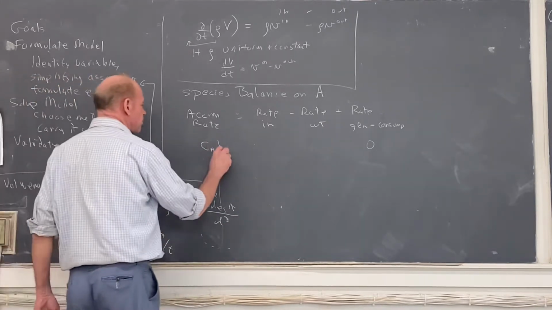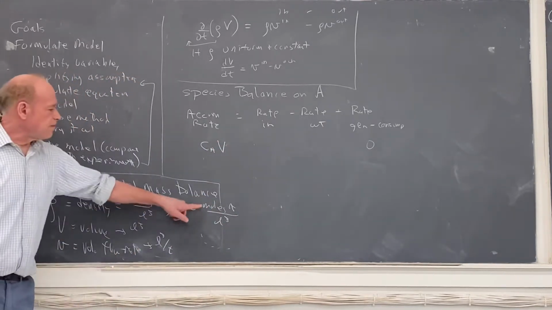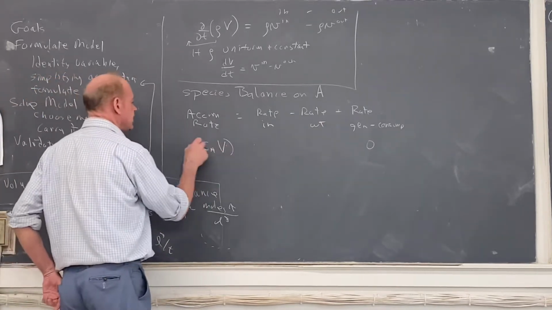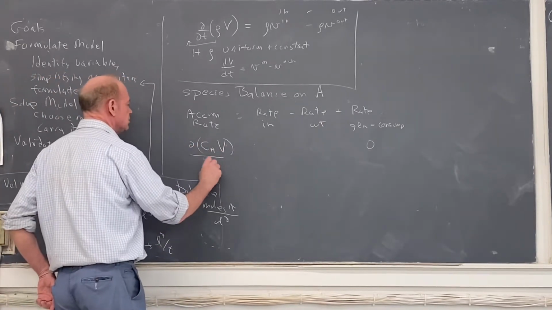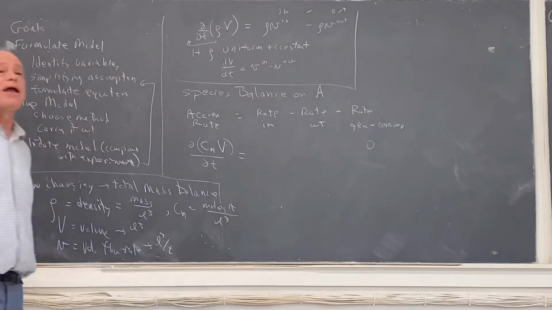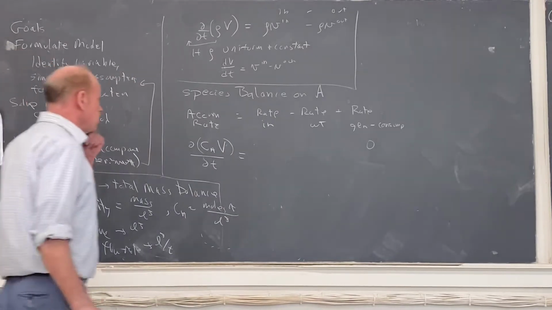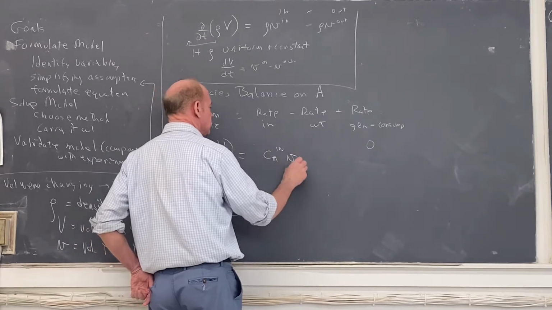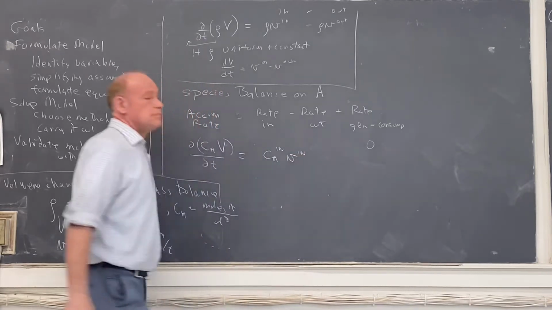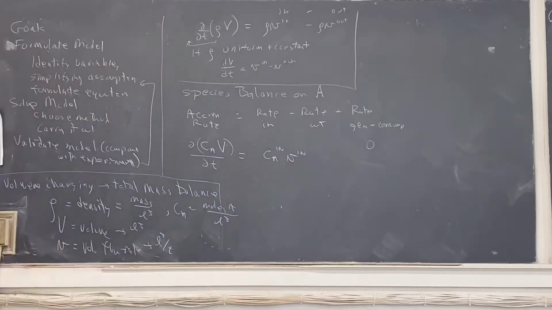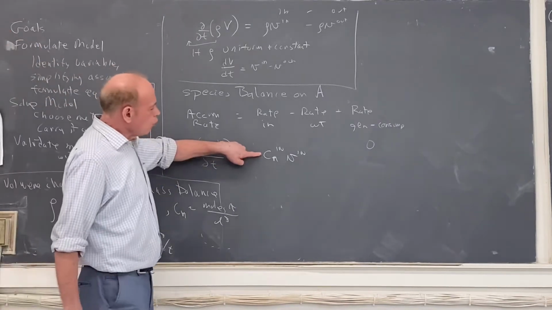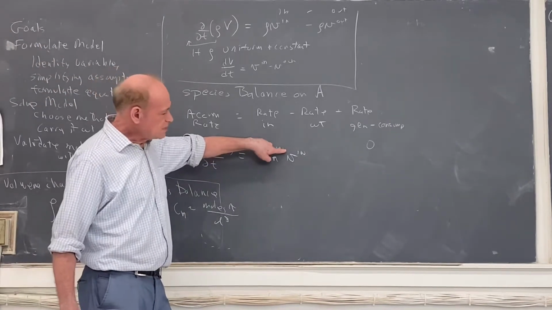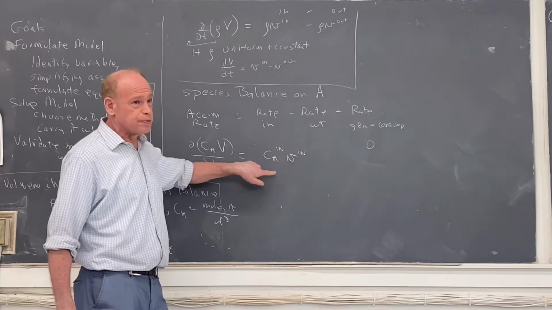So if I multiply by the volume, I have moles of A, and I take d/dt of this. And that's equal to the rate of A in. Well, the rate in is CA in times v in. Again, moles A per unit volume, volume per unit time is moles per unit time.